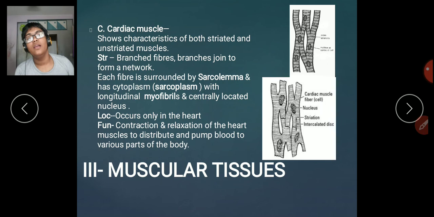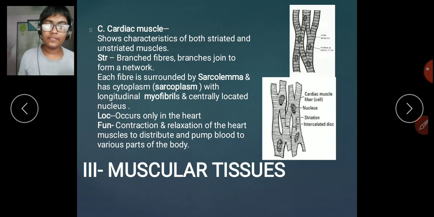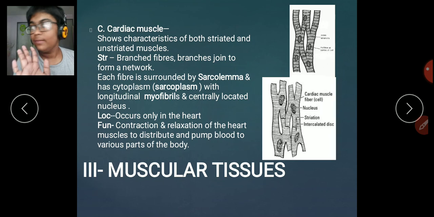Cardiac muscles show characteristics of both striated and unstriated muscles. Each fiber is surrounded by sarcolemma and cytoplasm, with longitudinal myofibrils and a centrally located nucleus. Cardiac muscle never gets tired.